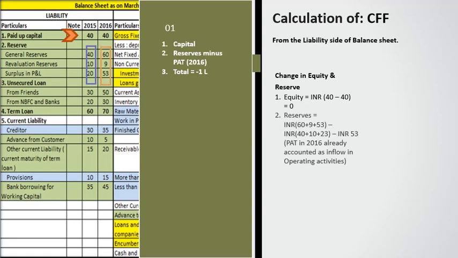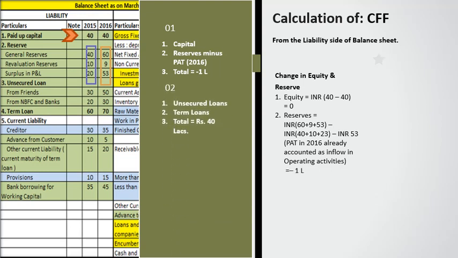Reserves equals rupees 60 lakhs plus 9 lakhs plus 53 lakhs in March 2016 minus rupees 40 lakhs plus 10 lakhs plus 23 lakhs in March 2015, minus rupees 53 lakhs as PAT in 2016 already accounted as inflow in operating activities, thus reserves equals minus 1 lakh.